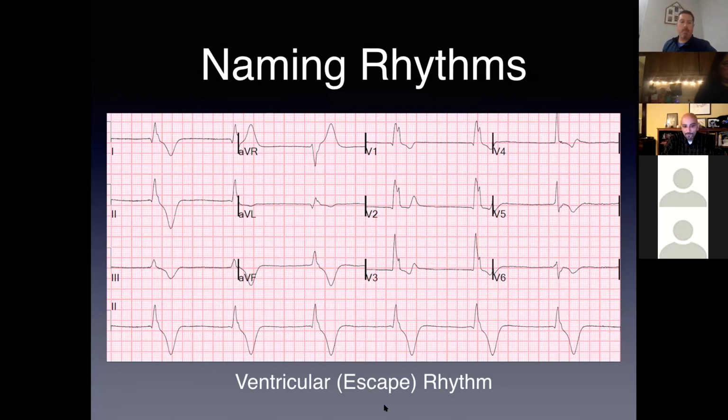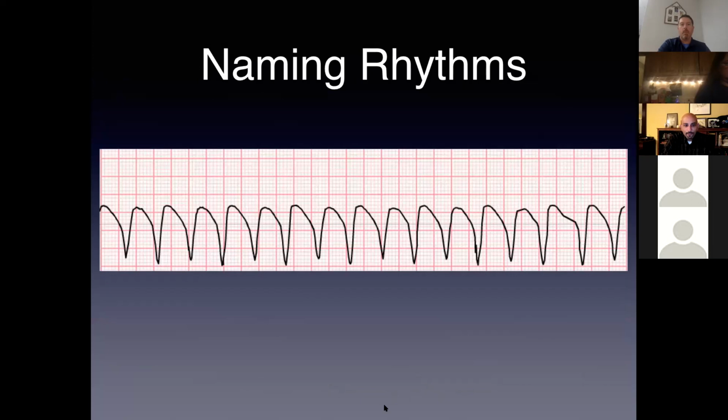All right. So this is a ventricular rhythm. What do we have here? V-tach. It's another monomorphic ventricular rhythm. But is it going at the rate that a ventricular rhythm should go? No, right? This is ventricular tachycardia. That's why it gets its name. The rhythm's coming from the ventricle and it's too fast.